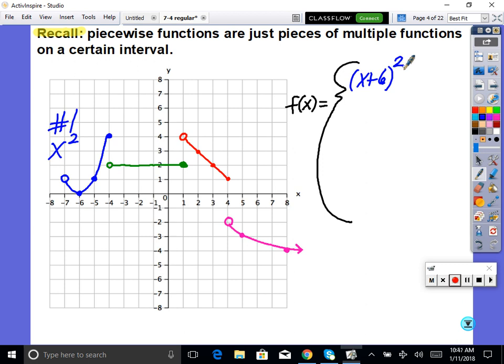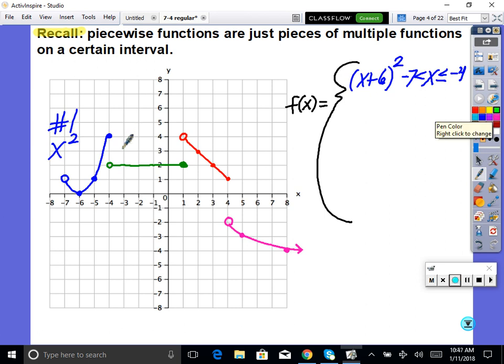No shift up and down, no stretch, no compression, and it's good to go. Now that is for x values between -7 and -4. So I'm going to go like this, -7, -4, right? X is greater than -7. Is it equal to? No, and it's less than or equal to since it's filled in there.